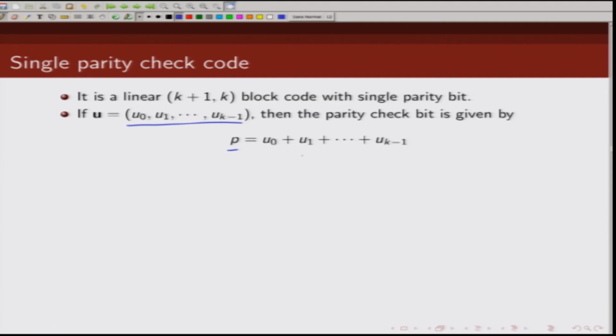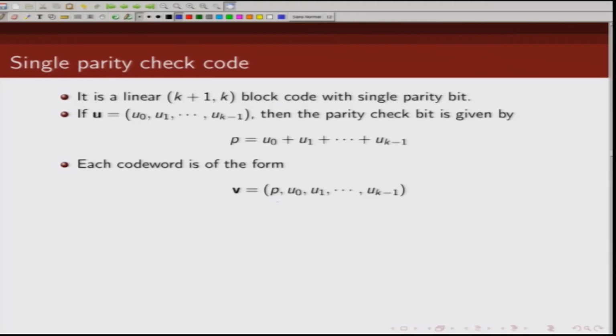In other words, if the information sequence has even parity, that means the sum adds up to 0, then p will be 0, or else if it has odd parity, p will be 1. So, as you can make out, this single parity check code will always have even weight code words. Each code word I can write in this fashion: I have these k information bits and 1 parity bit.